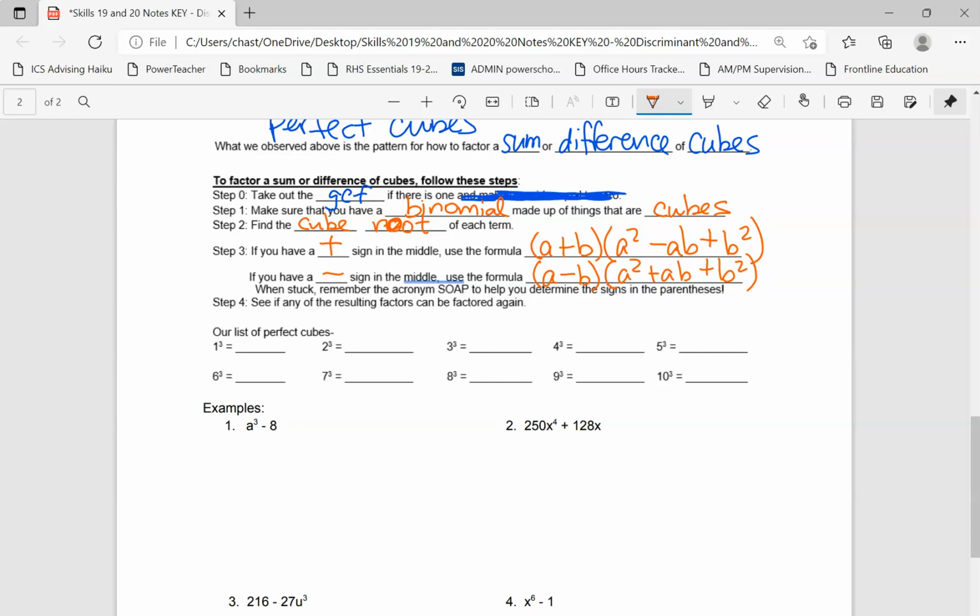I call it SOAP, where the first signs will be the same. So if there's a minus in the problem, then the first factor has a minus sign. The next sign is always opposite of whatever the sign was in the problem. And then the last sign is always positive. So that's the A and the P of SOAP. And I'll explain that more in class.